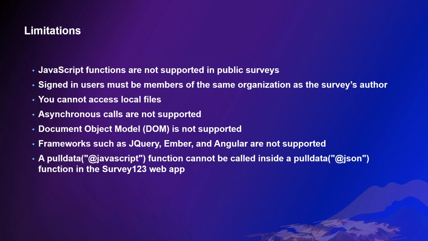So if Travis has an ArcGIS Online org, he publishes a survey, and he gives me access to that survey, but I see it in another organization, I will be able to use the form, but the JavaScript function will be disabled for security reasons. Okay. The same goes with public surveys. We disable the execution of custom JS code for security reasons.